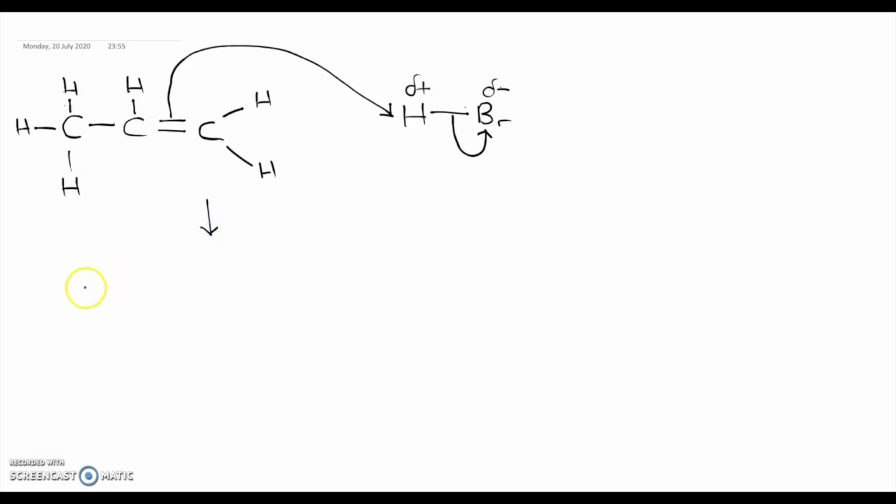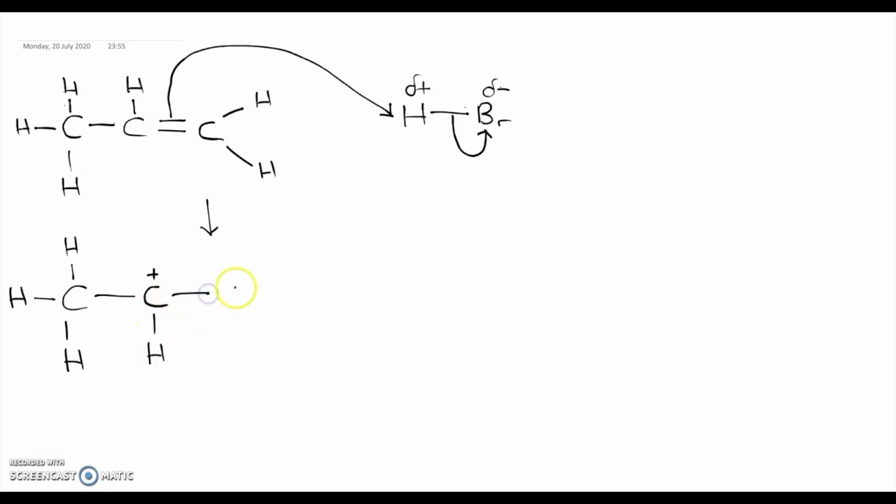Now when the pair of electrons moved from the double bond, this pair of pi electrons, it forms a dative bond with the hydrogen from the HBr. And therefore I'm going to draw my intermediate with a CH3 group bonded to a positive carbon, because remember electrons have moved away from this middle carbon.